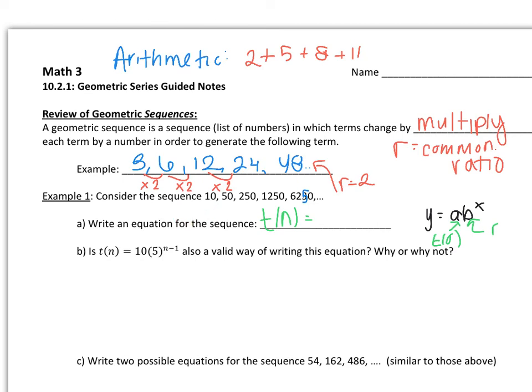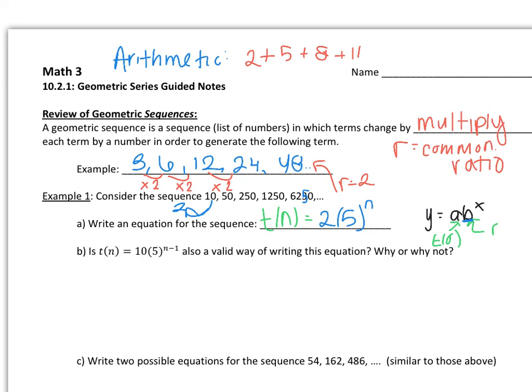So if we take 10 and divide by 5, that would mean my 0th term would be 2. So this would have the equation 2 times my multiplier, or b, or the ratio. In this case it would be 5 raised to the n.